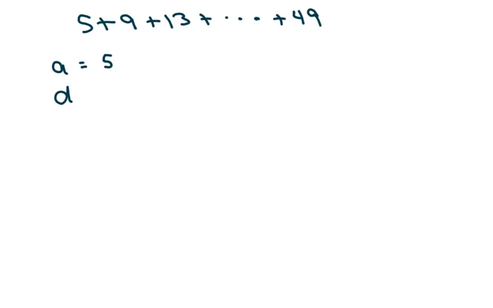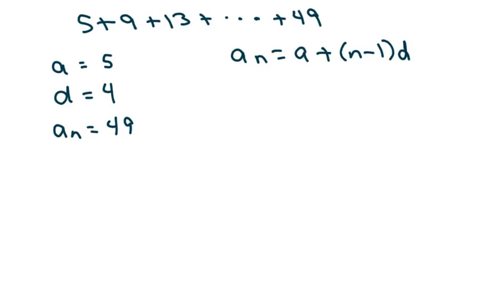And this one we have 5 plus 9 plus 13 plus dot dot dot plus 49. And our first term is 5. My common difference is 4. And my last term is 49. I'm going to use the formula a sub n equals my first term plus n minus 1 times d to find my n.